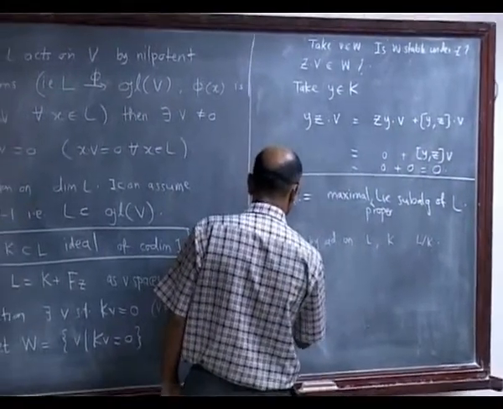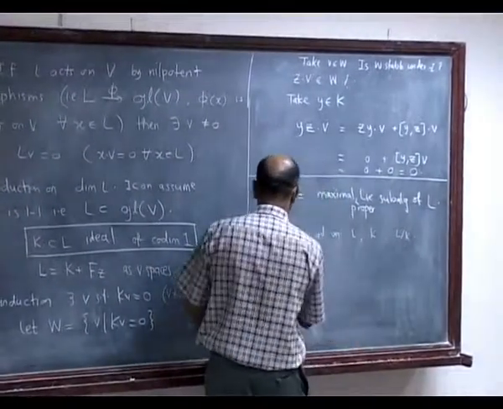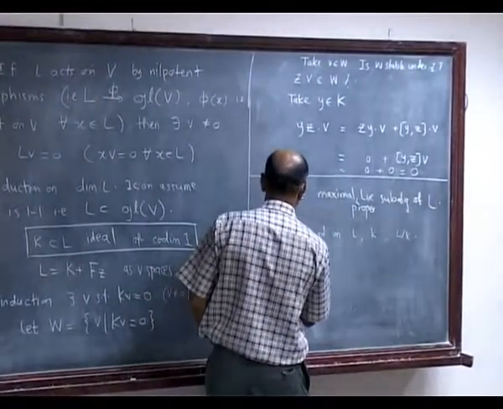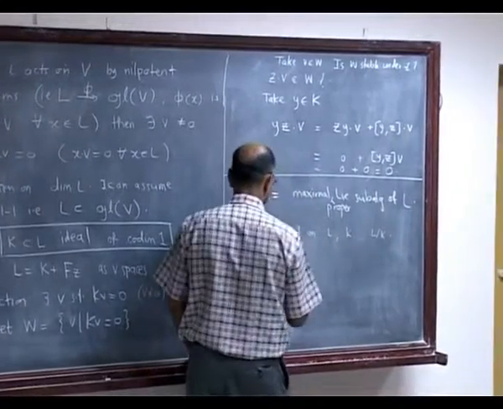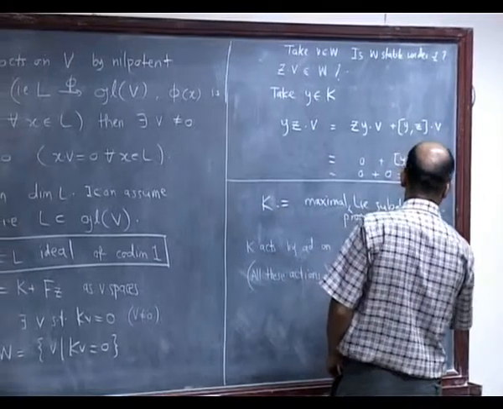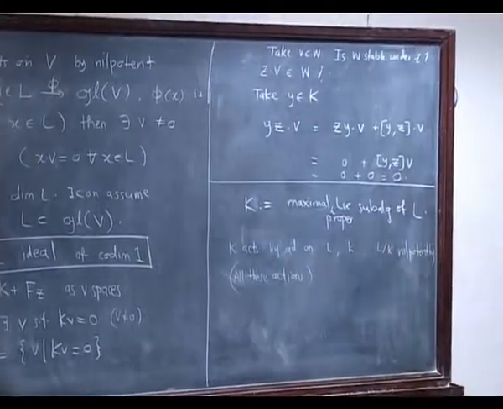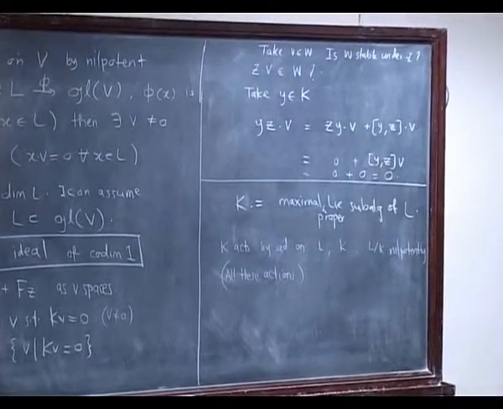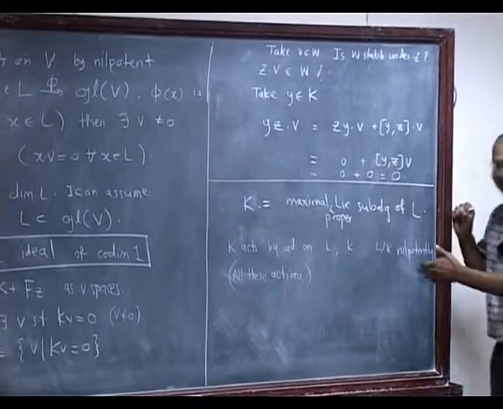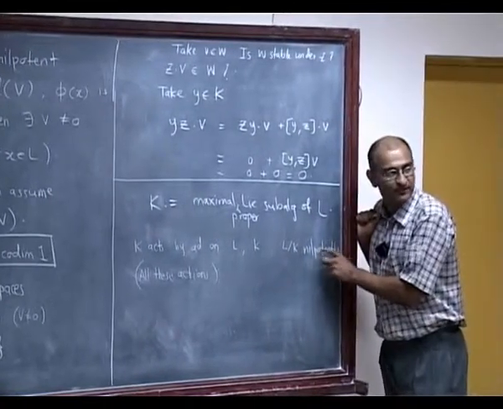In fact, all these actions are nilpotent. Are you allowed to say nilpotently? I don't know, anyway, I just said it. So all these actions are nilpotent. This is something that we have to check, all right.